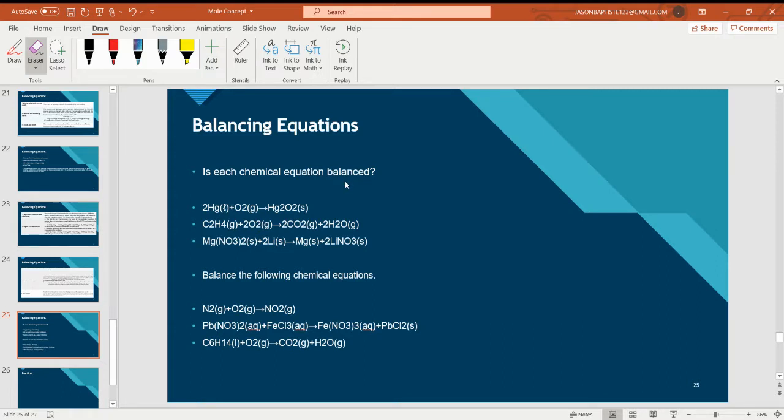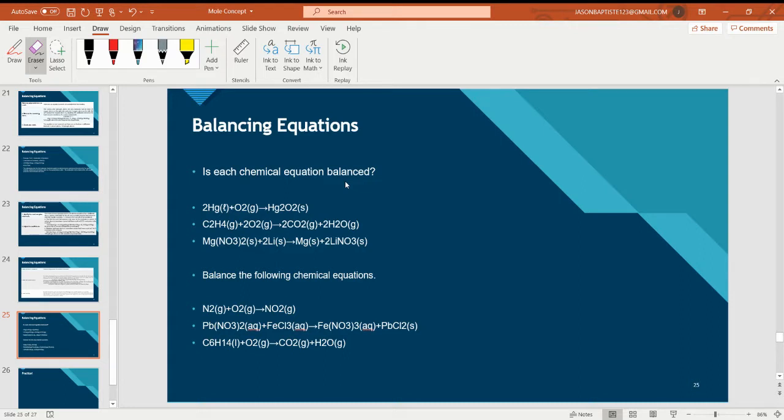And then for the last one, we have magnesium nitrate reacting with lithium to give us magnesium solid and 2 lithium nitrate. Now let's see if this equation is actually balanced. Let's start with the magnesium nitrate.